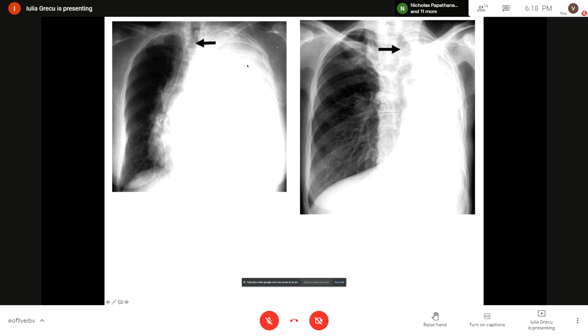There are other things to help you if you need. You can study, for example, the aspect of the ribs and the spaces between the ribs in the two different films.